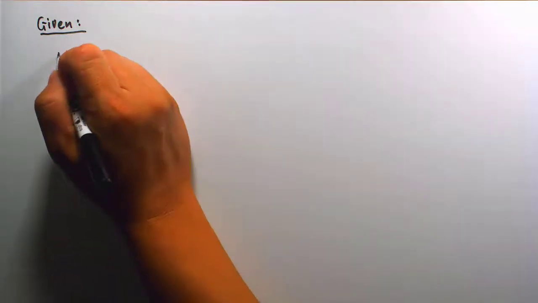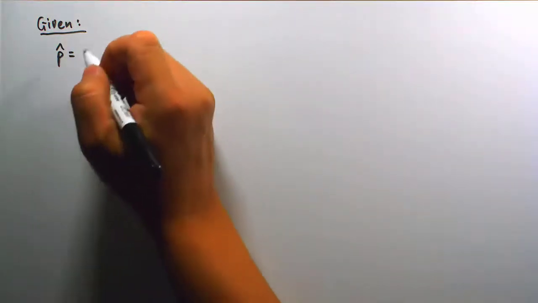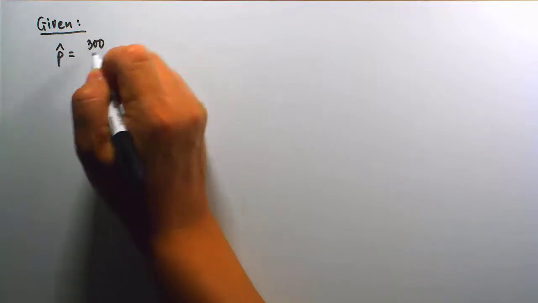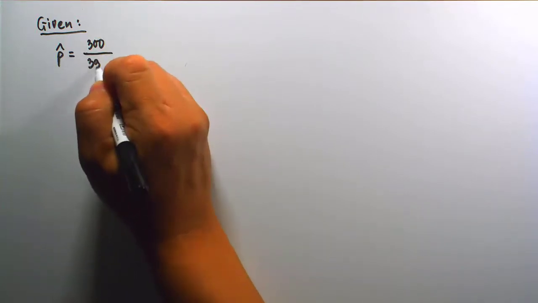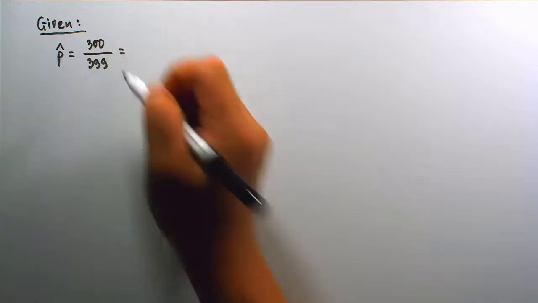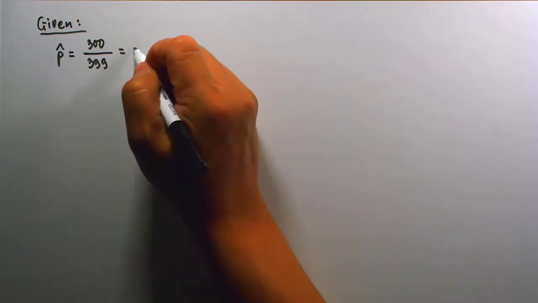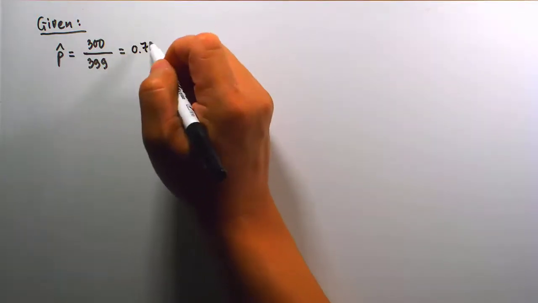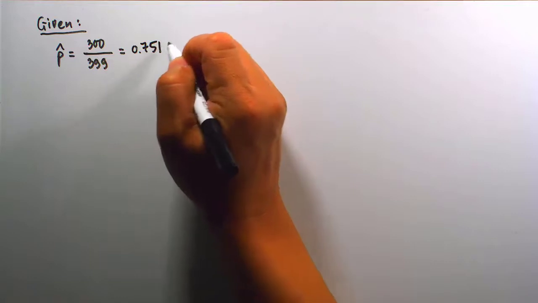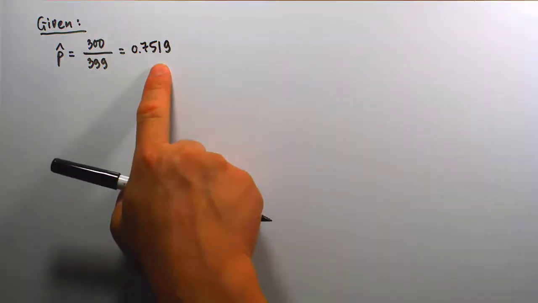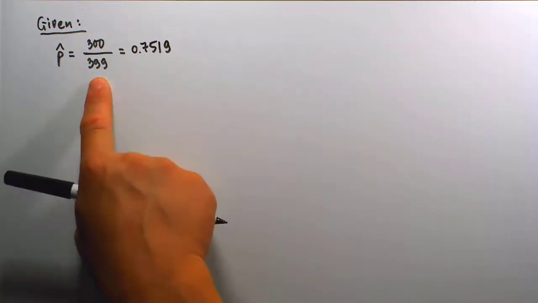So what we have now is a p-hat value, a sample proportion, 300 out of 399, and the calculation comes out, in 4 decimal places, to 0.7519.